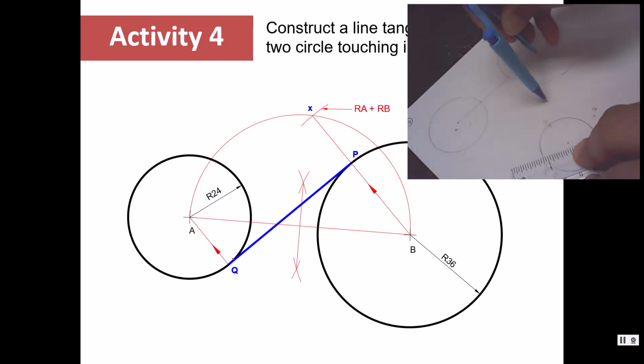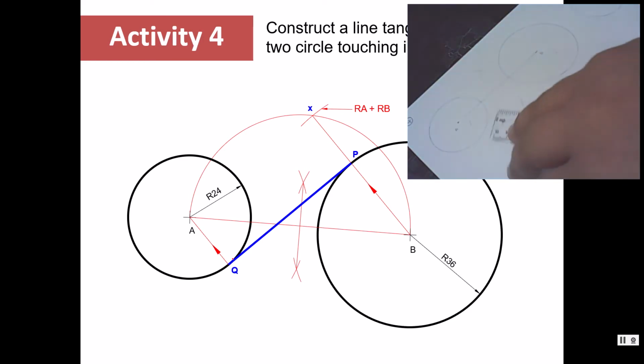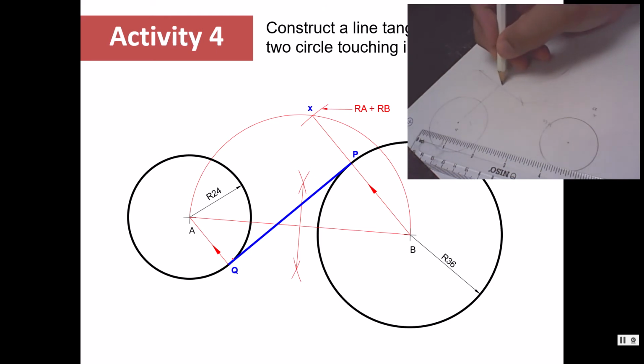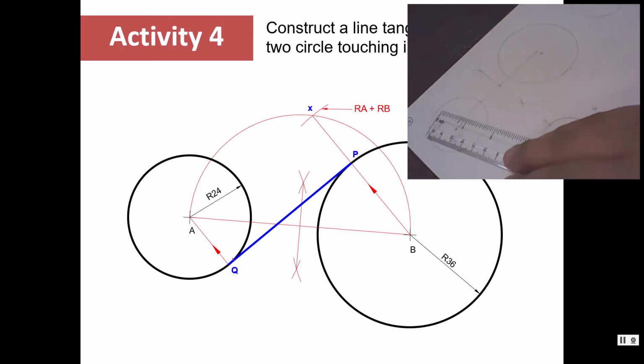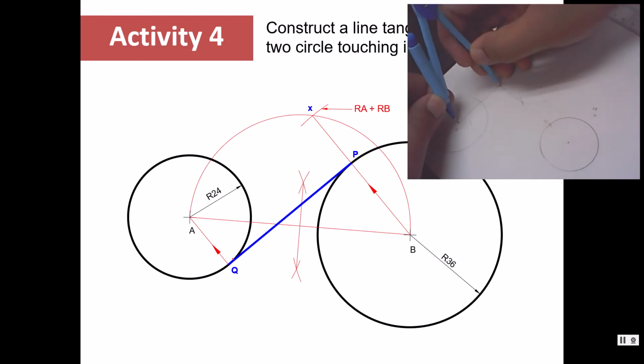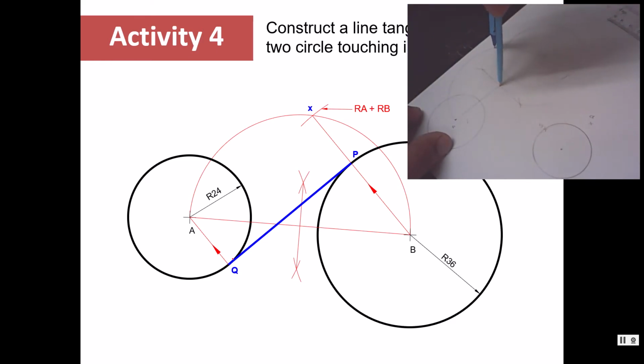Okay, so we found the midpoint of it. So this is the center point that we want to draw the big semicircle. So the semicircle should have the radius from the midpoint to A or B, and then after that we just draw a semicircle like this.